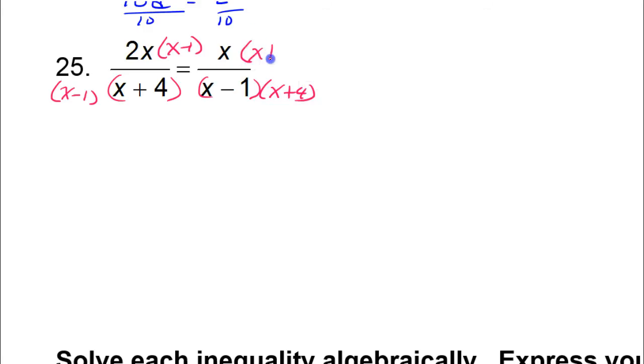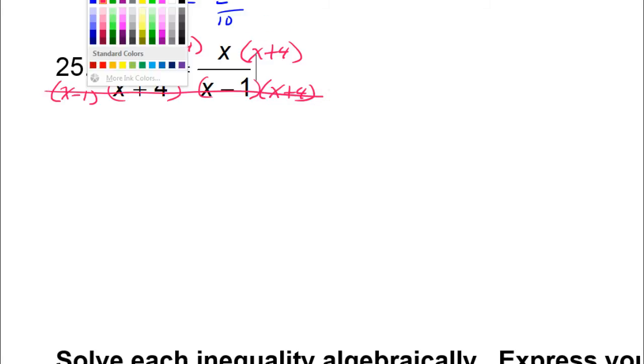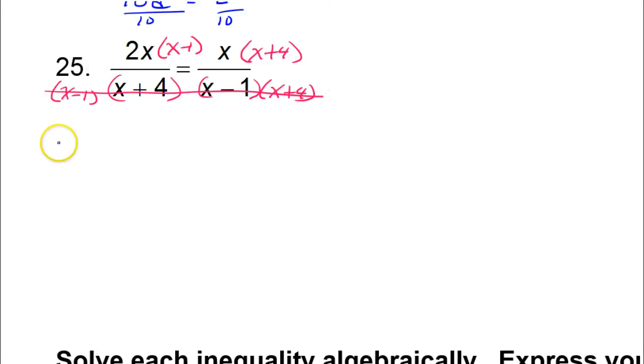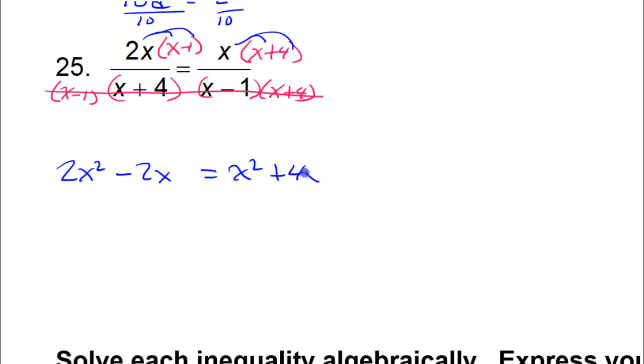Put that in the numerator as well. Now the denominators are the same, I can cancel them out and make a new equation. So I am going to distribute here, so that'll be 2x squared minus 2x is equal to x squared plus 4x.